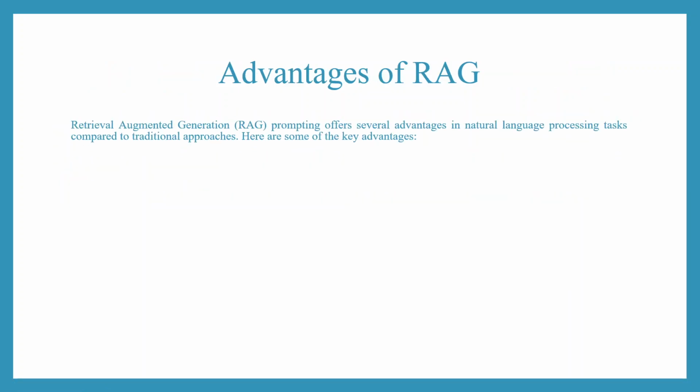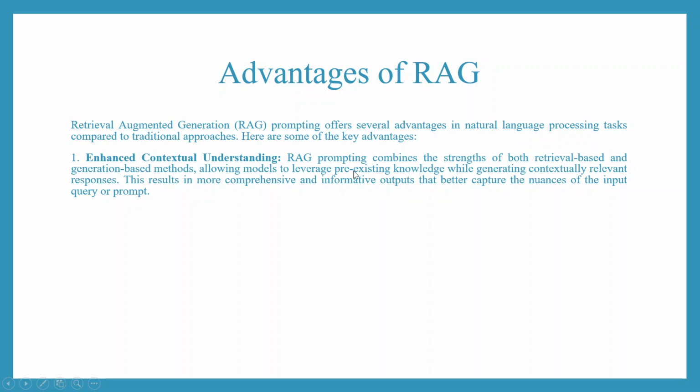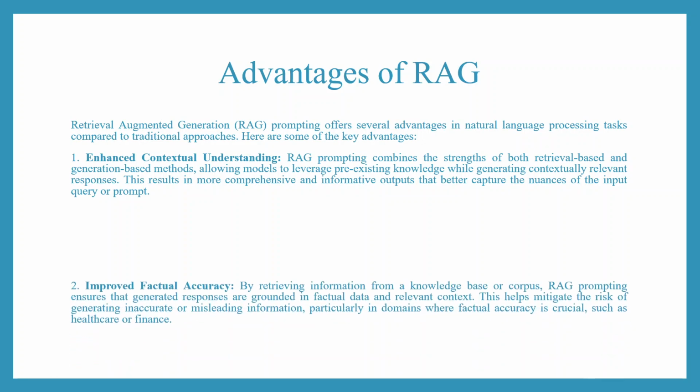What are the advantages of RAG? RAG prompting combines the strengths of both retrieval-based and generation-based methods, allowing models to leverage pre-existing knowledge while generating contextually relevant responses. This results in more comprehensive and informative outputs that better capture the nuances of the input query or prompt.